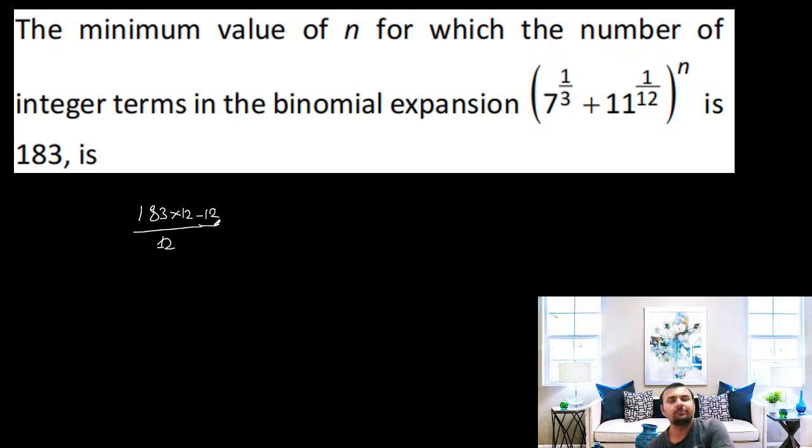This could be the term: 11 to the power this, 7 to the power 12 by 3, and 183 into 12, C 12. So it will be 180, so it will be 182.